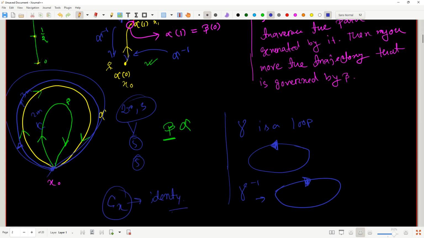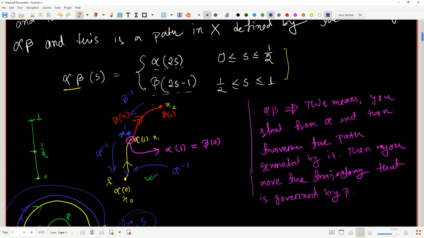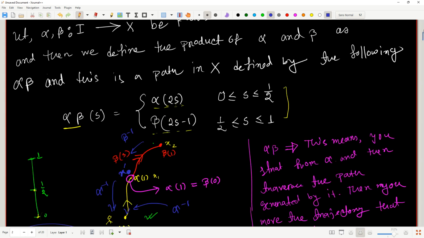So since all of these four criteria get satisfied, it can be shown that if you take a set of these paths or the loops, then they actually form a group, and these are called homotopic groups. So this was the idea behind setting an algebraic structure that I tried to show you intuitively with pictures rather than hardcore mathematics.